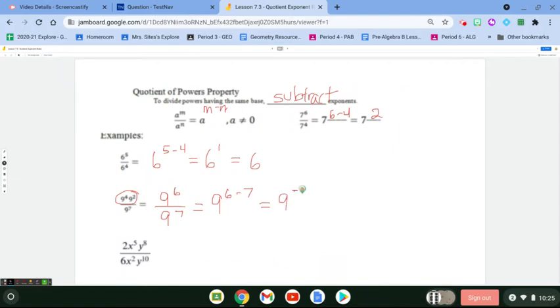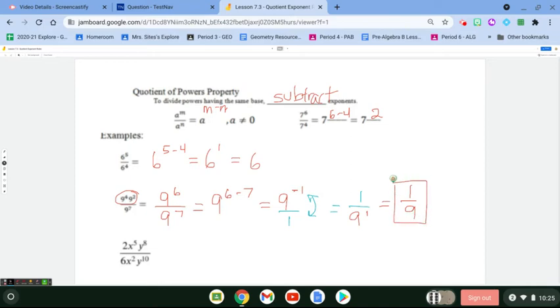I learned from yesterday or the day before that in order to fix that negative exponent, I need to put that over 1 or take the reciprocal to flip it and make that into a positive exponent. So that becomes 1 over 9 to the first power, which would become 1/9 for your answer for the second one.